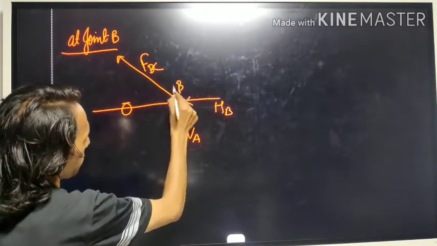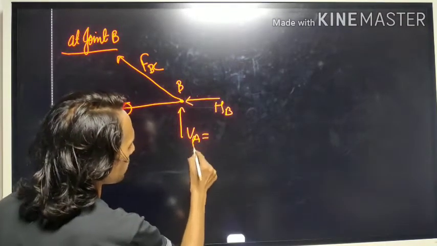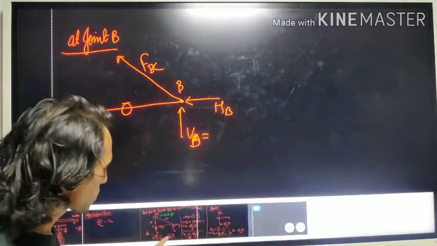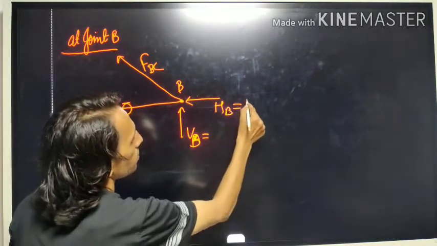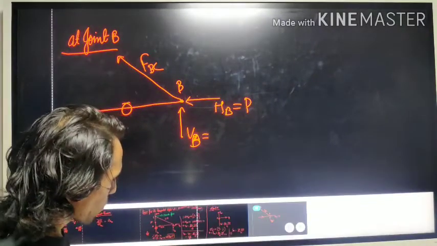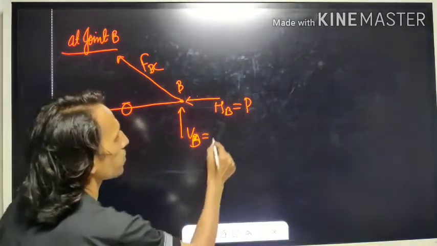This is joint B. Now I have already calculated these values, so let me write the values. So HB was P, and what was the value of VB? It was 3p by 4.